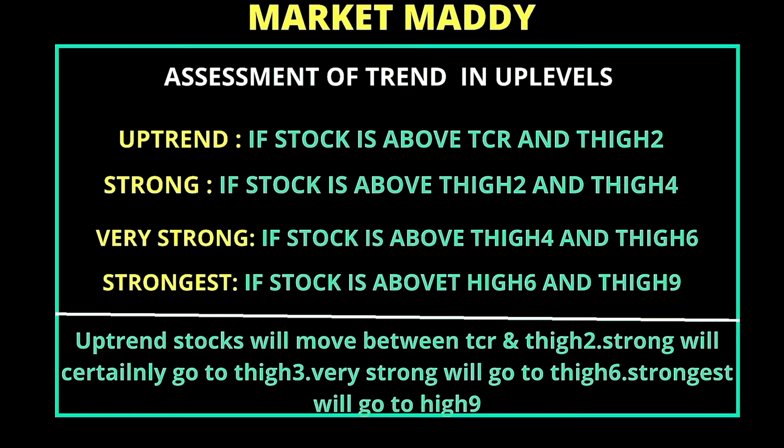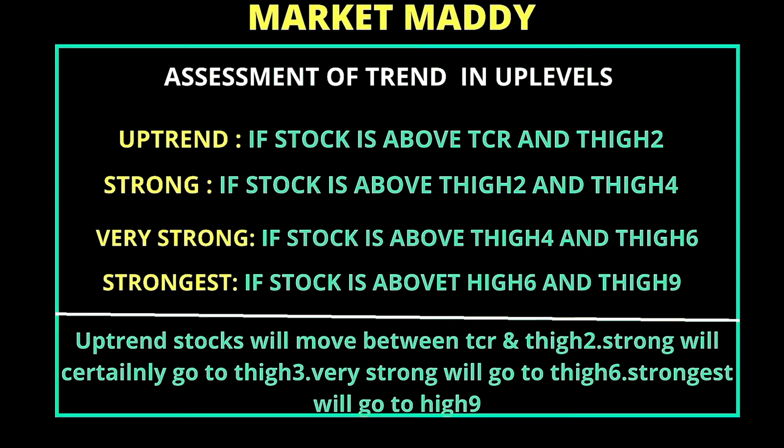If LTP is between T high 2 and T high 4, it is strong. If LTP is above T high 4 and below T high 6, it is very strong. If LTP is above T high 6 and below T high 9, it is strongest.